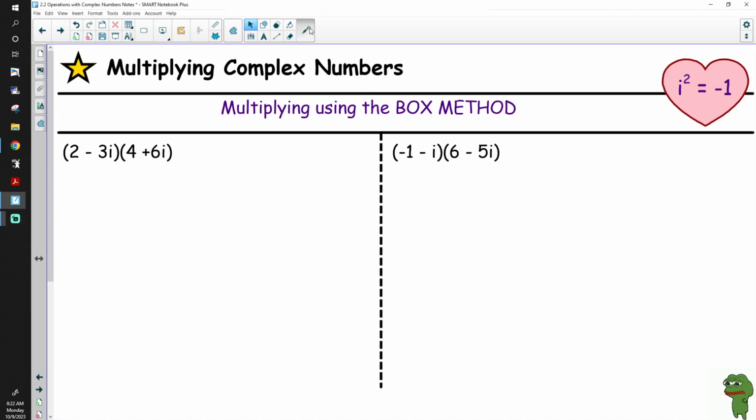So we are going to multiply these two using the box method. Now, a lot of you might have done your rainbow method, or did you always do the box? Well, I'm going to do the box method of multiplication, which keeps our page nice and organized, and the reason I am doing the box method is later down the road when we multiply big old polynomials, the box method is going to be the way to go.